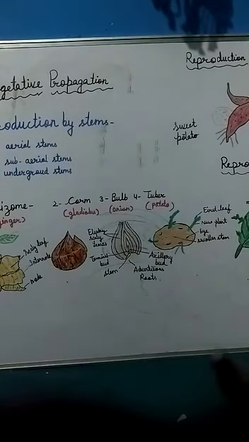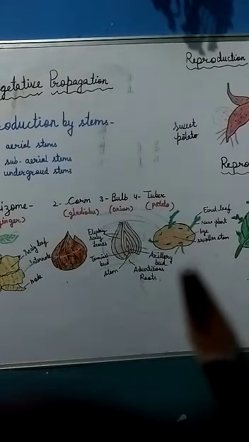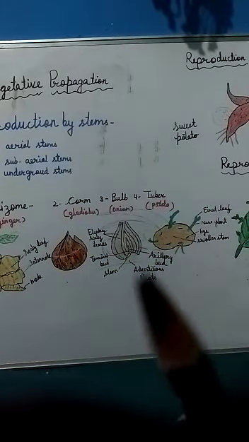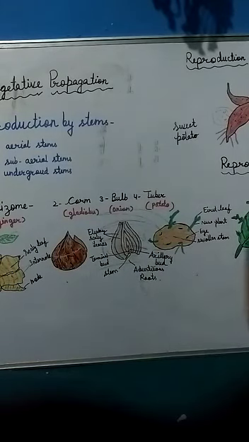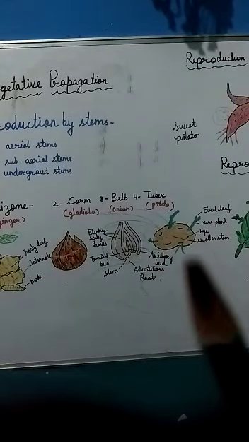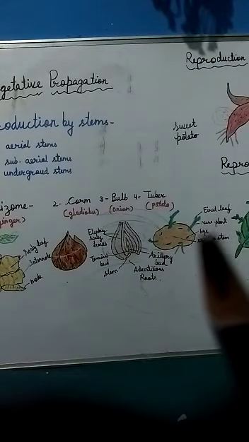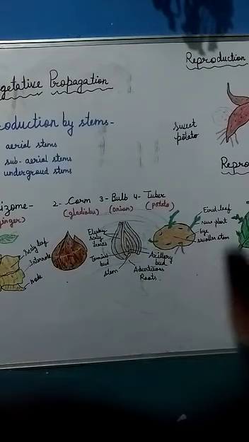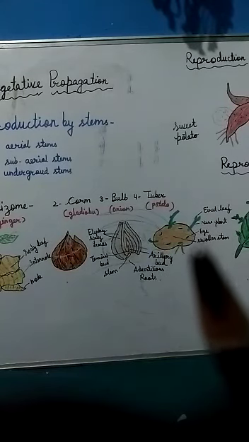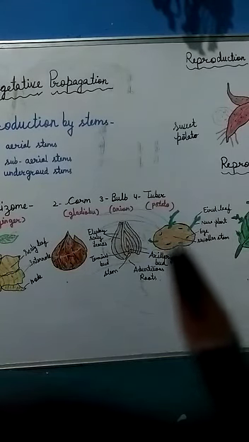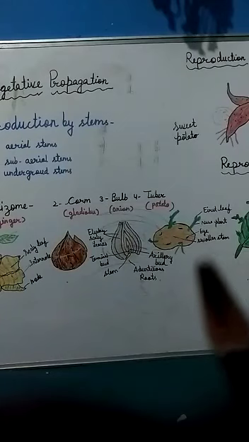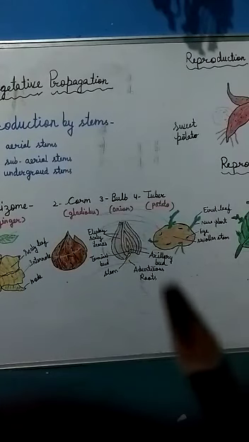The stem tuber is more or less cylindrical in shape and is covered by a brown colored layer. It bears many eye-like structures, and each eye represents a node.